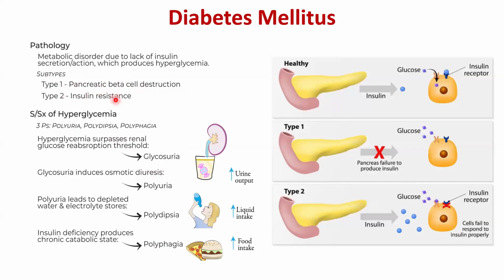Type 2, insulin resistance. Some of the features are majorly the three P's. Polyuria, the person urinates a lot. Polydipsia, the person takes a lot of fluids. And polyphagia, the person has increased appetite.